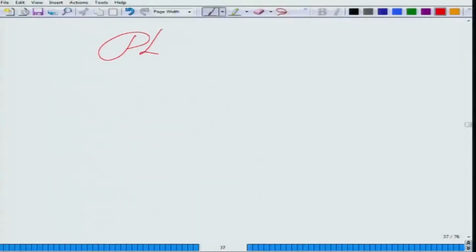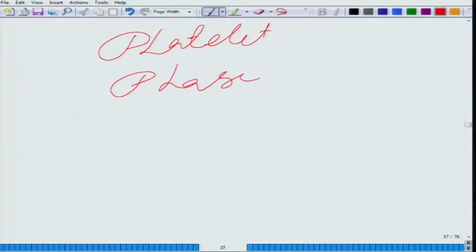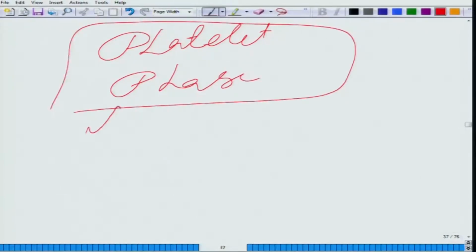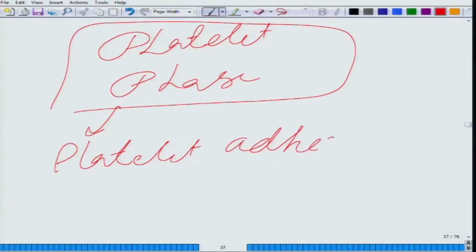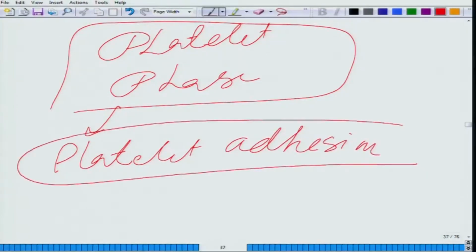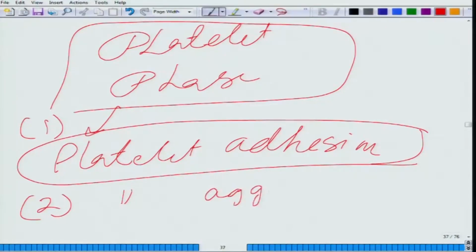Now we are into the platelet phase. The platelet phase is shown by, first, platelet adhesion. As I told you, at the site of injury there is an adhesive, sticky situation. Then, because of the adhesion, platelet aggregation forms, and the third step is forming the platelet plug.